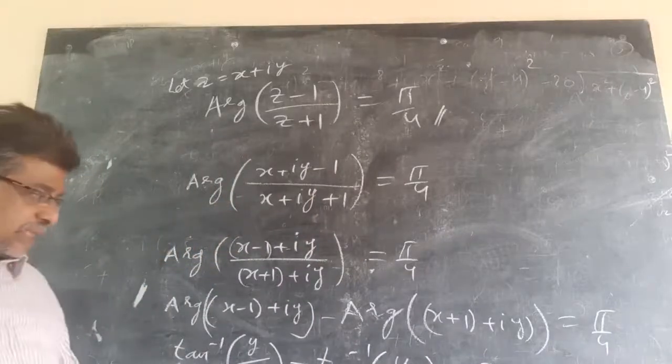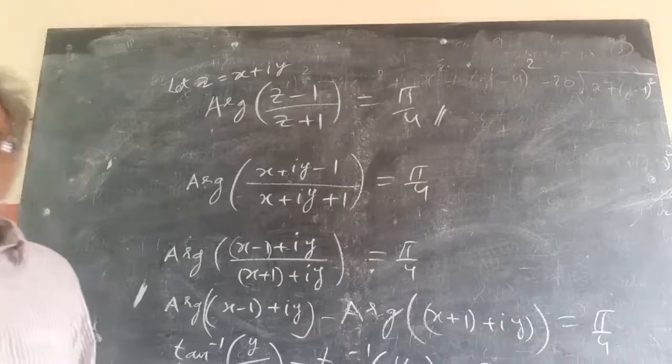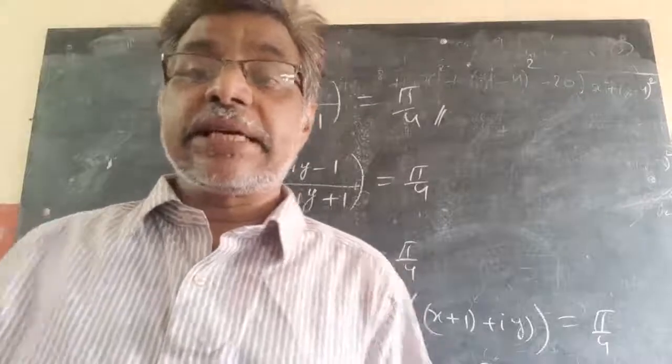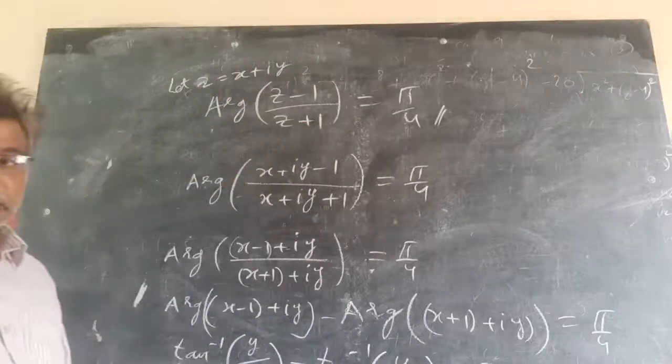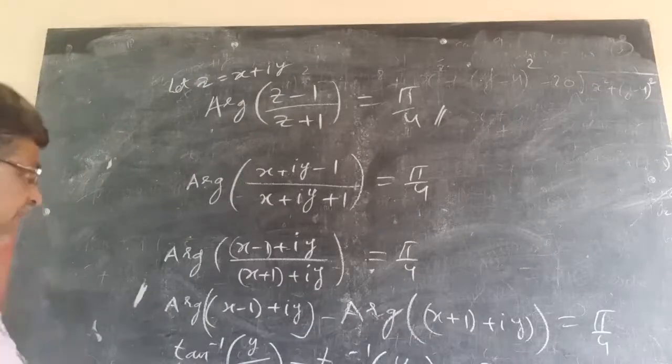Now tan inverse A minus tan inverse B. Tan inverse of (A minus B) by (1 plus AB), you can use this concept. First inverse trigonometry formula: tan inverse A minus tan inverse B is tan inverse of (A minus B) by (1 plus AB). I will use that now.